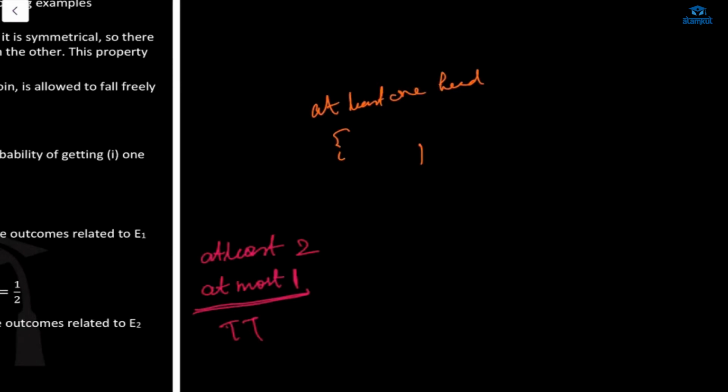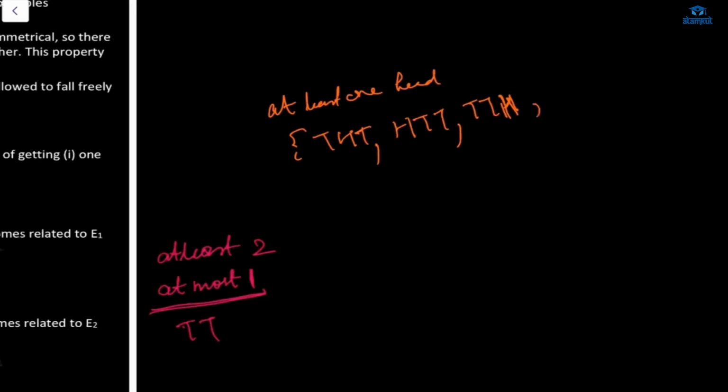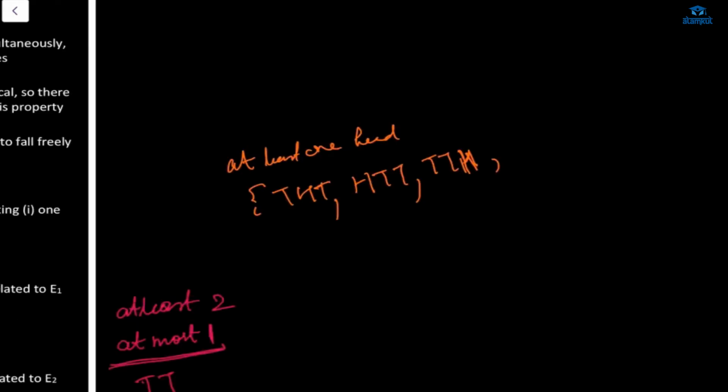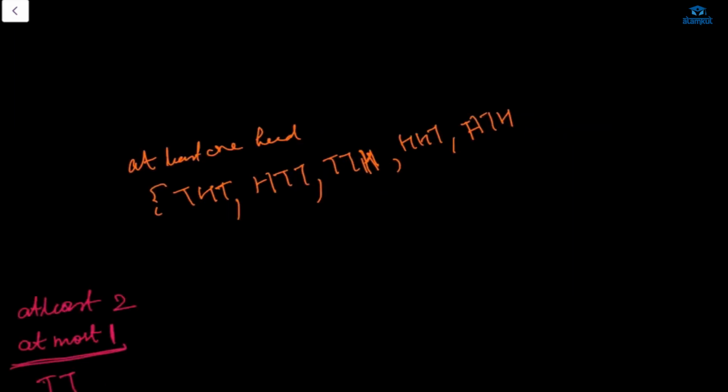So at least one head means we will start from a minimum of one head. A minimum of one head we get in 3 conditions: THT, HTT and TTH, when we are getting only one head. Understood? Now it is written at least one head, that means there should be at least one head. That means you will be including those outcomes also where you are getting 2 heads: HHT and HTH, and one more, THH.